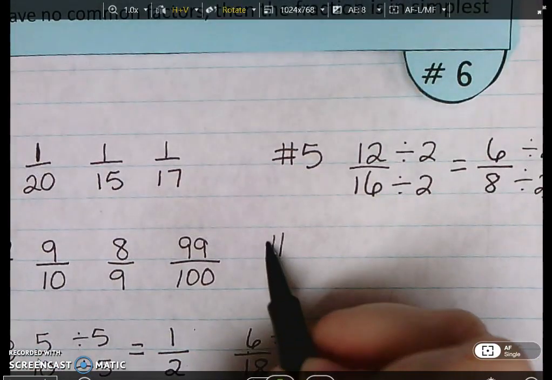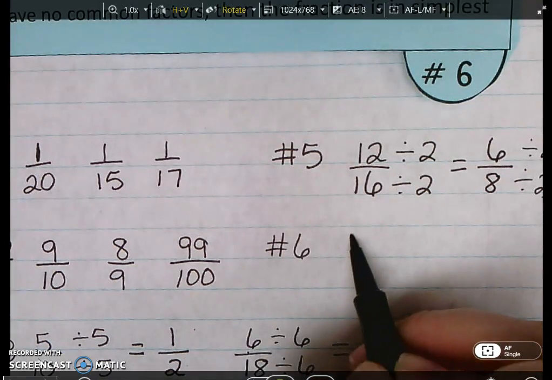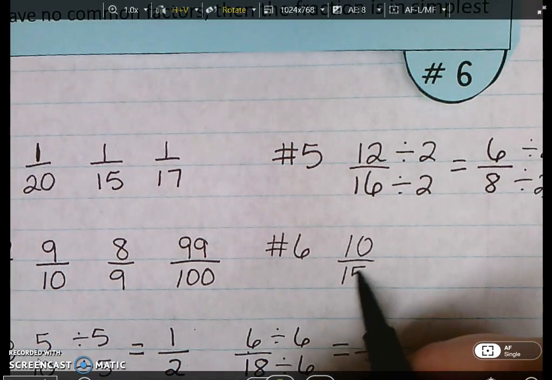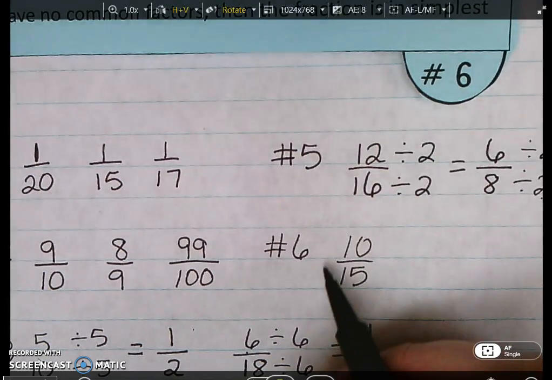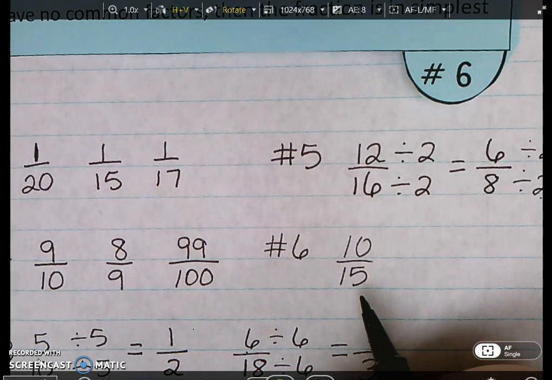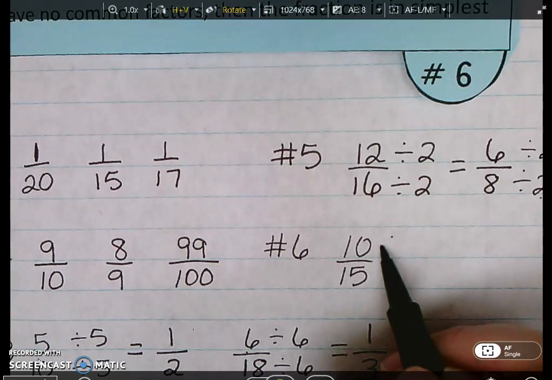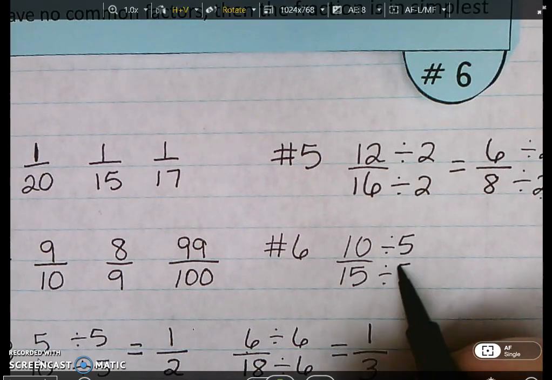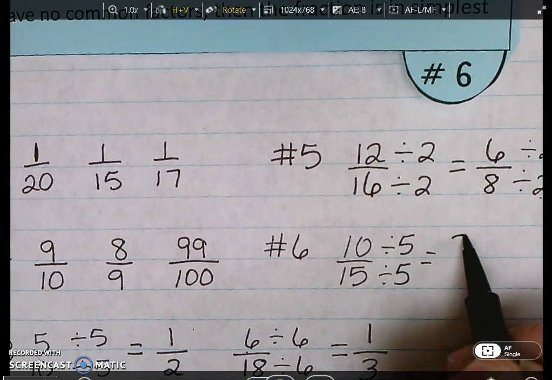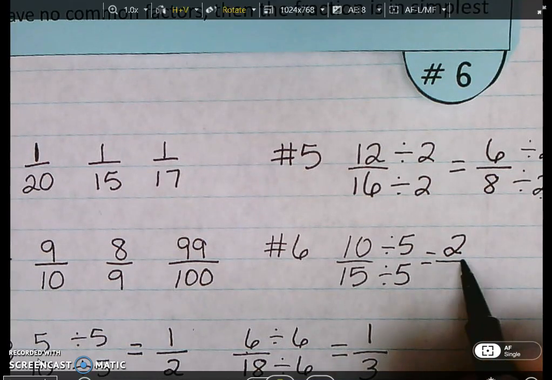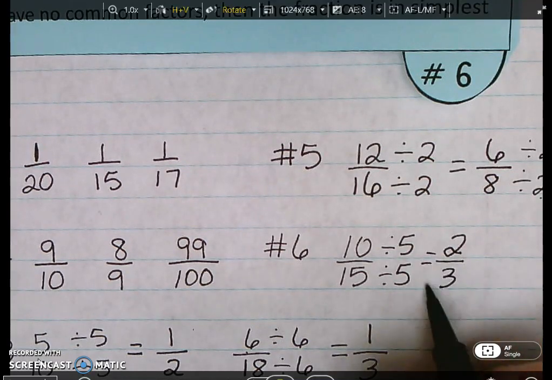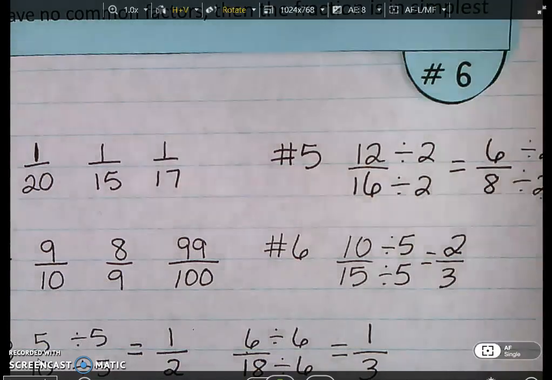For example, if I have 10/15, easily I can see a common factor here would be 5, because it ends in 0 and 5. So I can divide by 5. 10 divided by 5 is 2. 15 divided by 5 is 3. So that would give me 2/3.